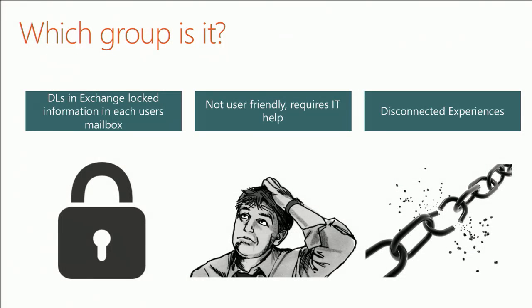Firstly, DLs have existed in Exchange for many, many, many years. It's an extremely powerful concept. It is something people use a lot in our customer environments. However, DLs locked information, unnecessarily so, in individual people's mailboxes.